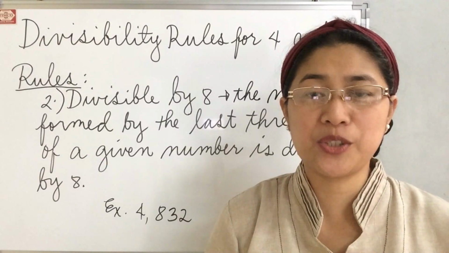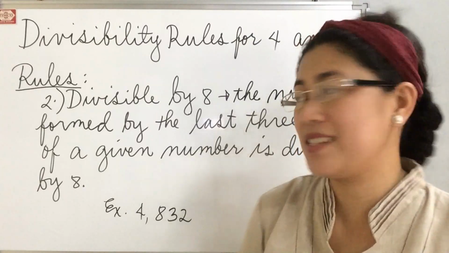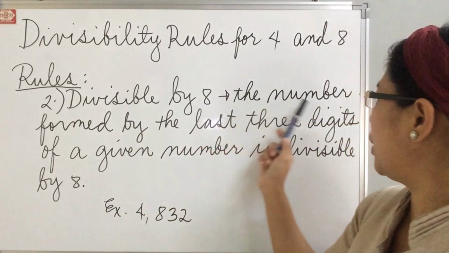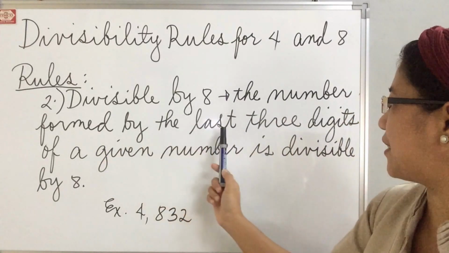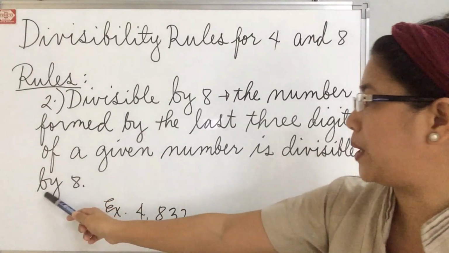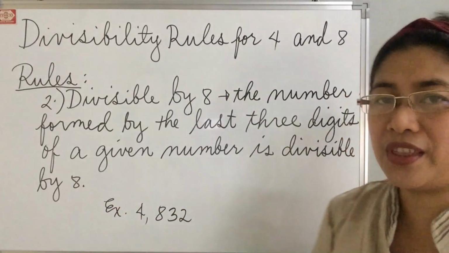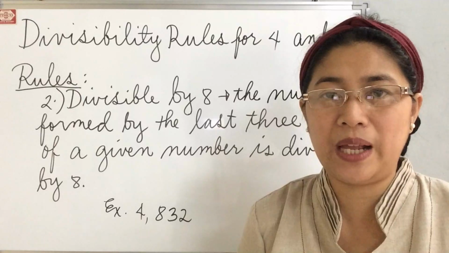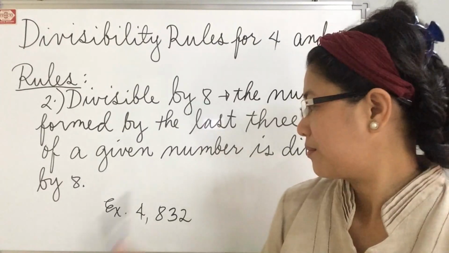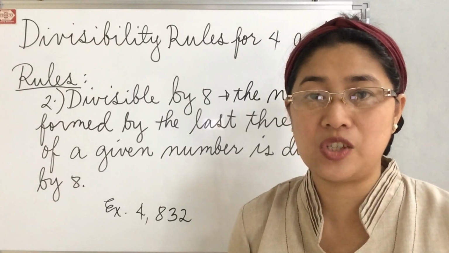And the second thing to remember about number 8 is, a number is divisible by 8 if the number formed by the last three digits of a given number is divisible by 8. So this time, we are not talking about 3 zeros. The last 3 digits are non-zeros.